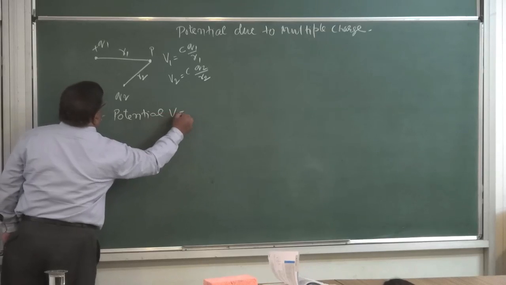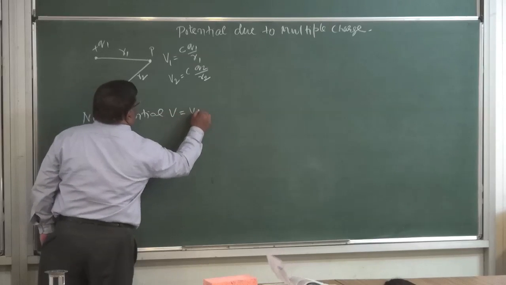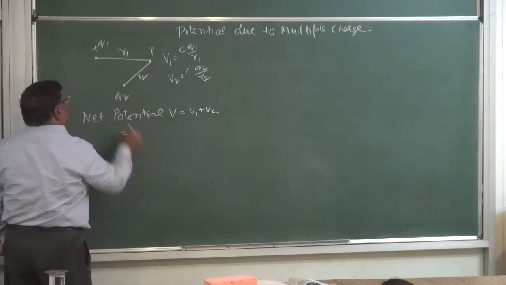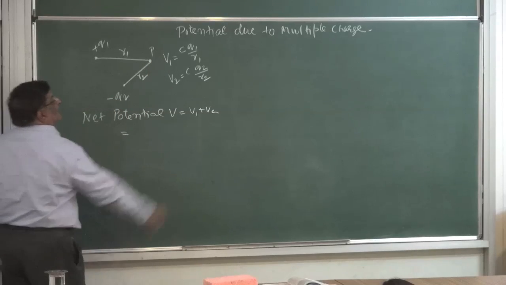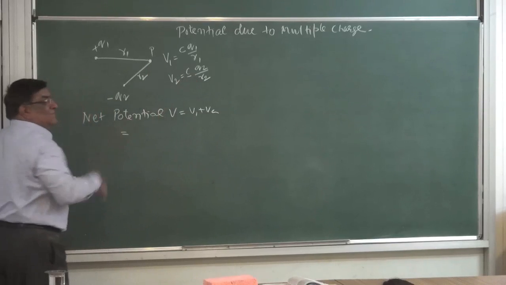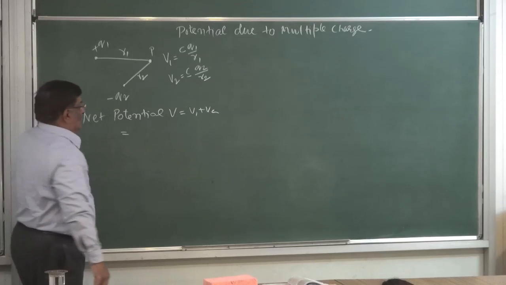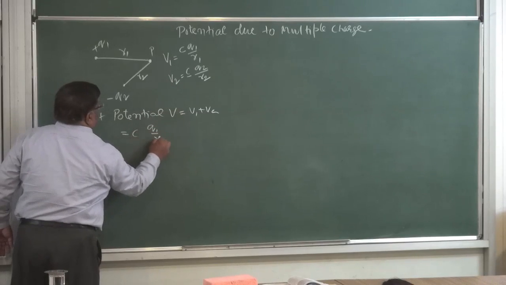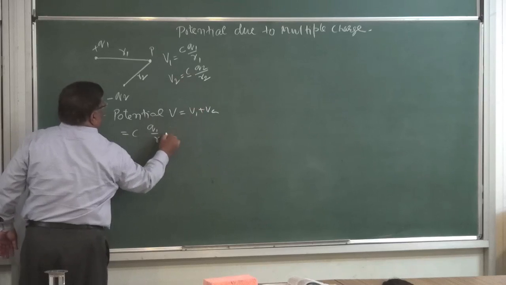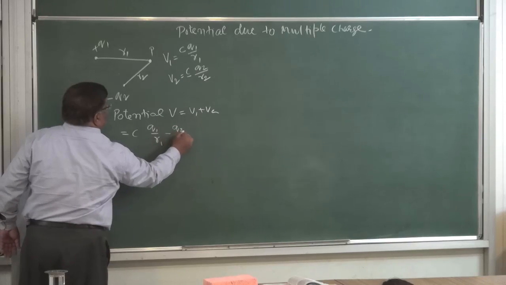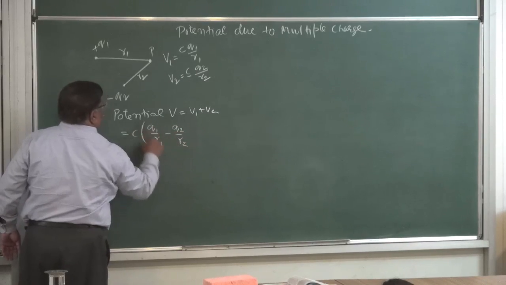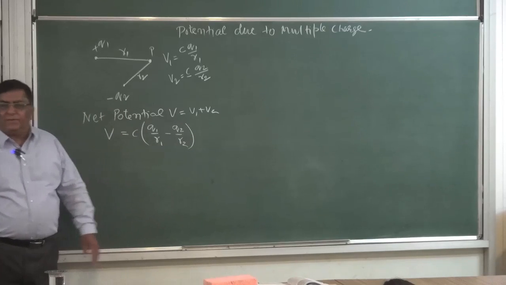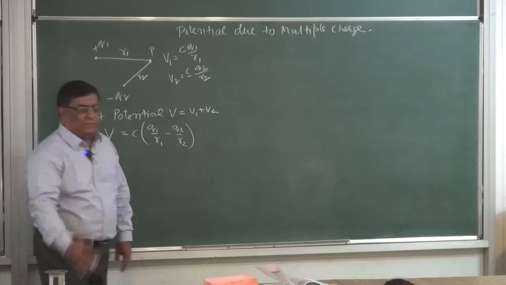Net potential V is equal to V1 plus V2. Suppose this is minus, then we will put minus here, and V1 is equal to Q1 upon R1, V2 is equal to minus Q2 upon R2. Right? So write it down.